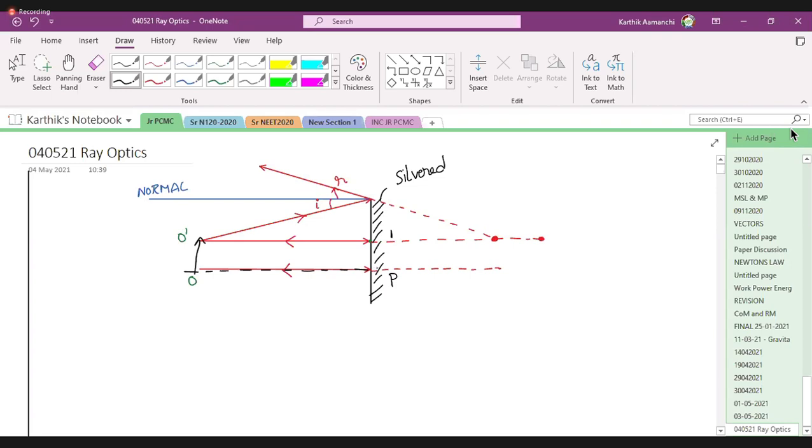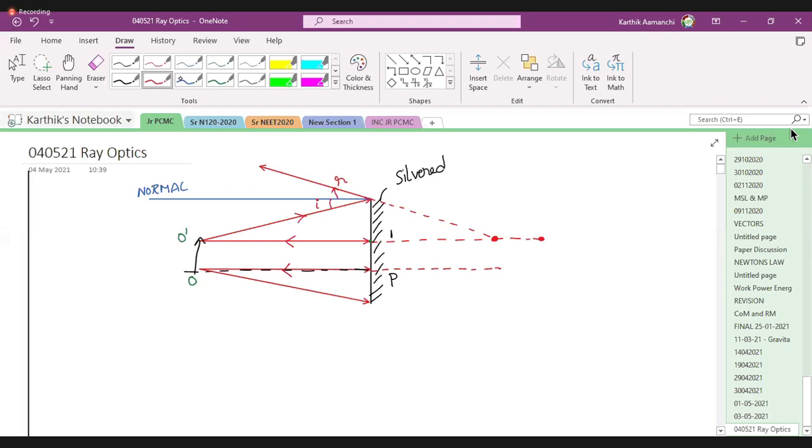Yes, sir. Clear? Now, from the foot of the object, there will be a ray which will hit the mirror at this point. Yes, sir.